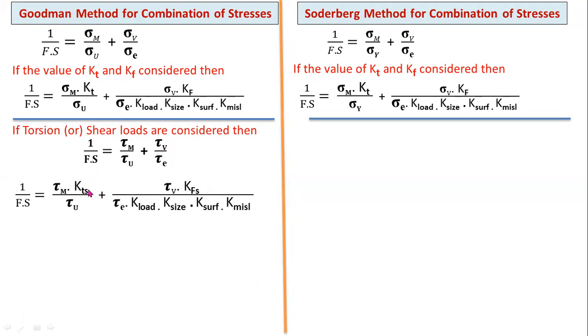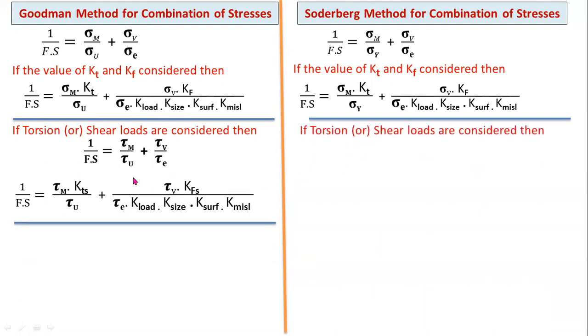Now if you are considering the theoretical shear concentration factor and fatigue shear concentration factor KFS, then the formula is like this. Here tau m is the mean shear stress, tau u is the ultimate shear stress, tau e is the endurance shear stress, tau v is the variable shear stress.